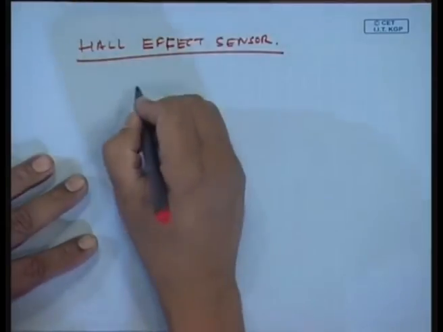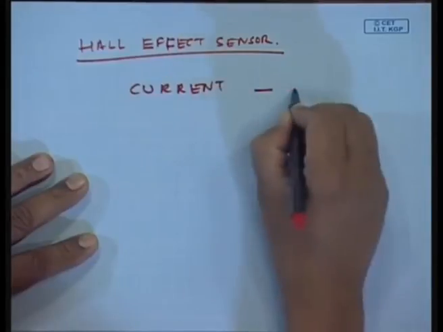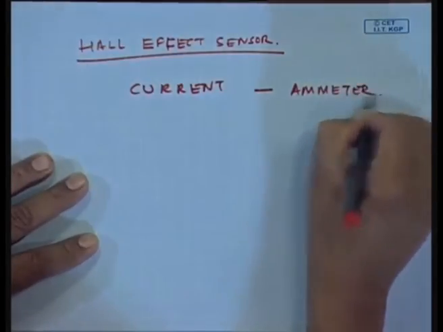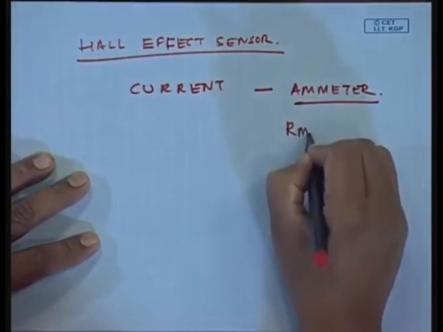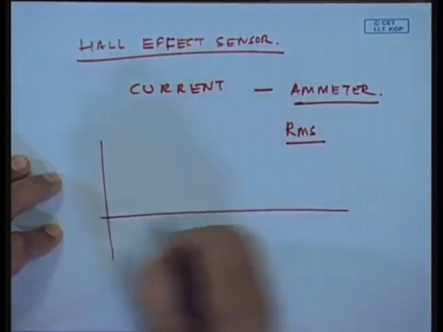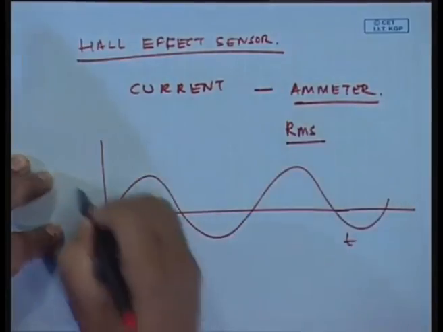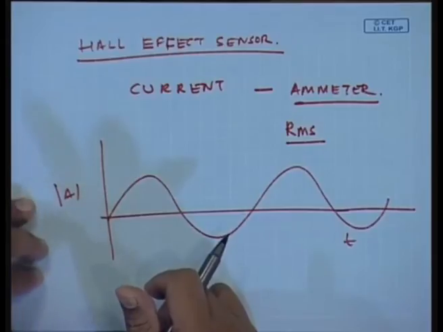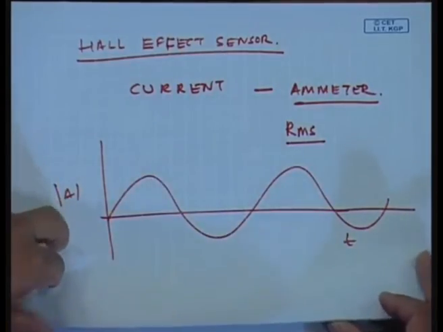Now, to measure current, we all know that ammeters are used, but ammeters give us an RMS output, but I am interested to know the current waveform as a function of time. Okay. And this is given by a Hall effect sensor very easily.